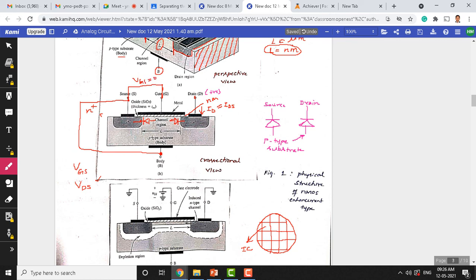Now you can see that the substrate is also at 0 potential, and the gate is also at 0 potential. These PN junctions are back-to-back connected diodes, and they don't conduct, so they remain off.